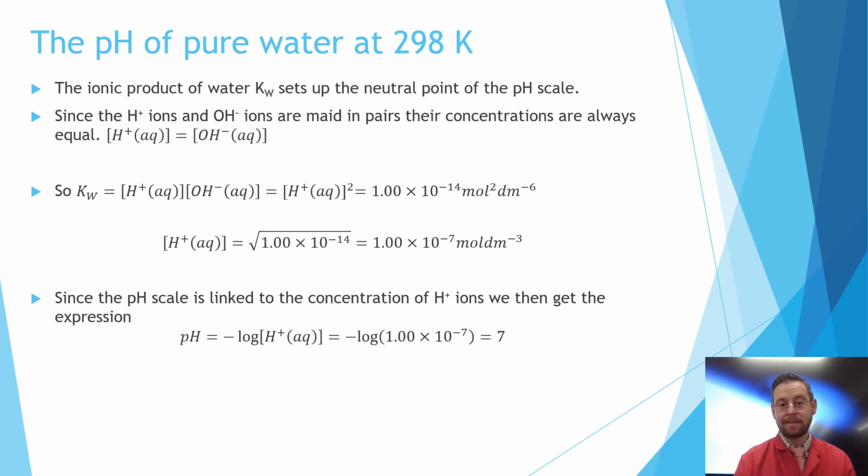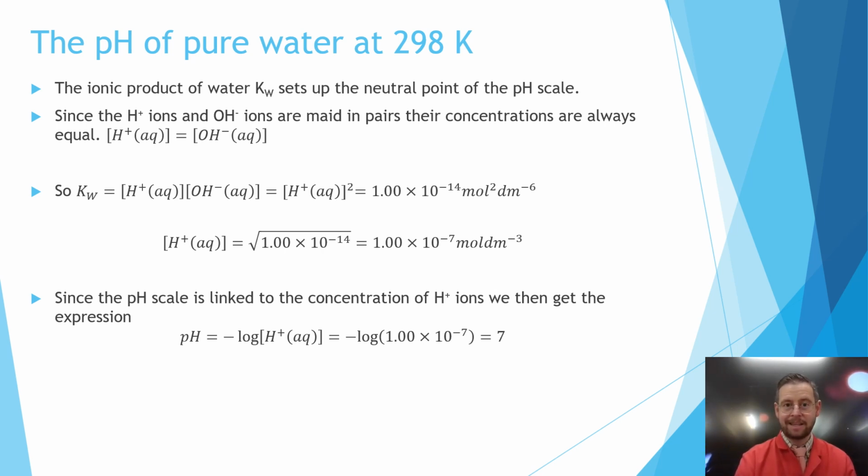And the concentration of H plus squared is equal to that value we found before, 1 times 10 to the minus 14. Now by taking the square root, we can say that the concentration of H plus ions in water is equal to 1 times 10 to the minus 7 moles per decimeter cubed.